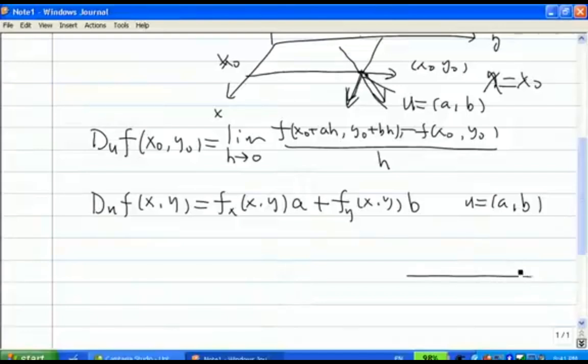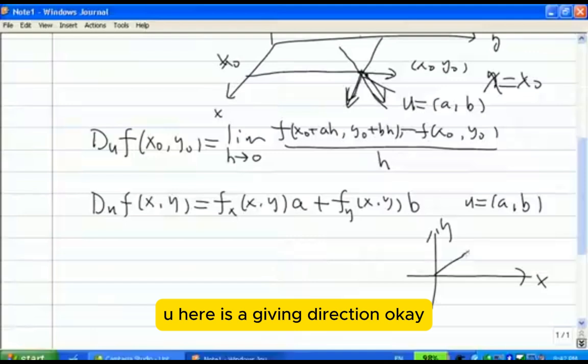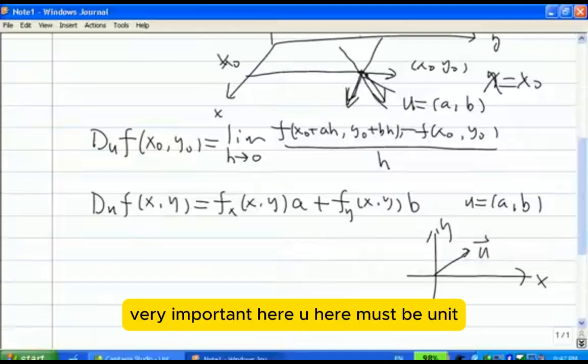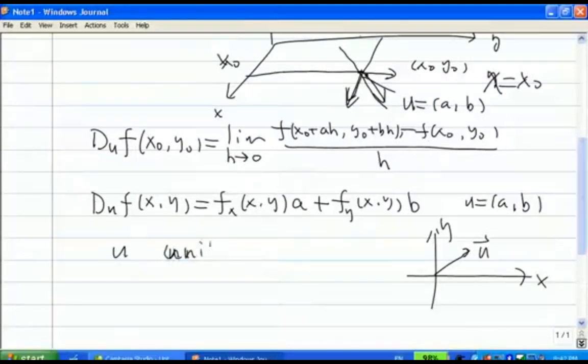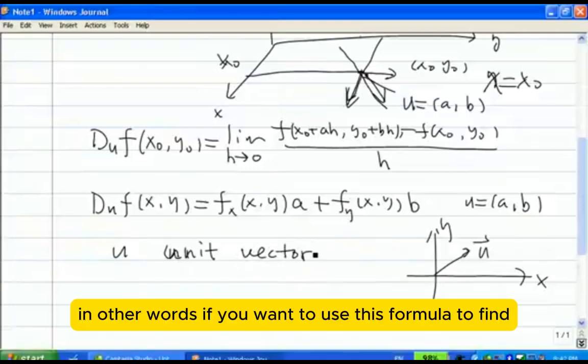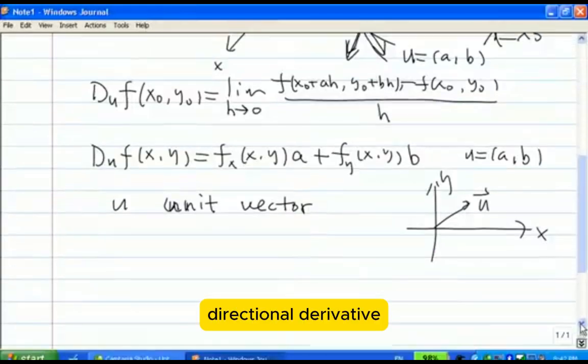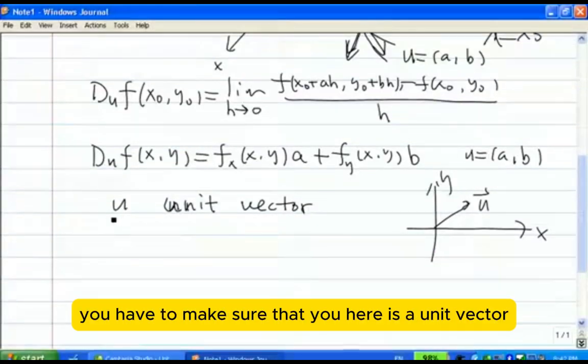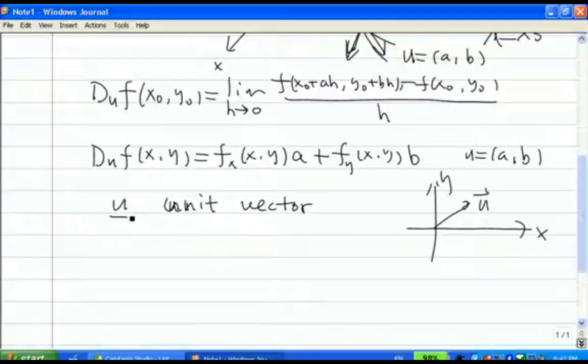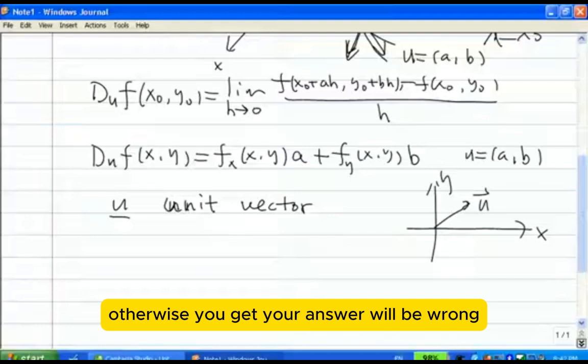Very important here: u must be a unit vector. In other words, if you want to use this formula to find the directional derivative, you have to make sure that u is a unit vector. Otherwise, your answer will be wrong.